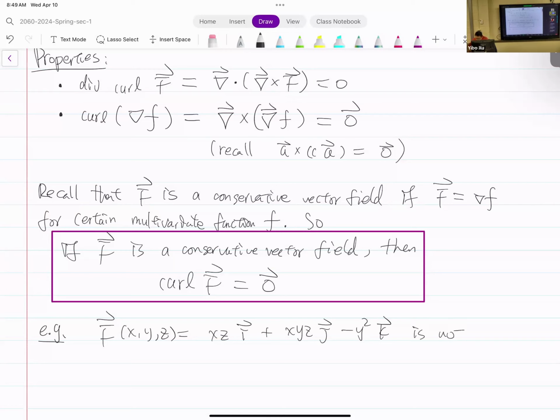So this is not conservative, since we have done the calculation, right? The curl here is not 0. See previous example.